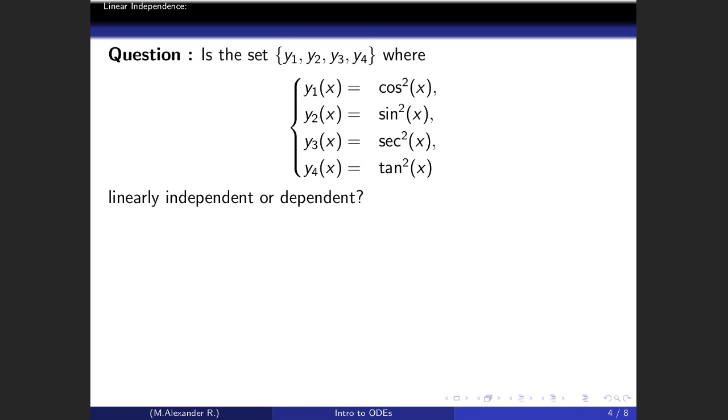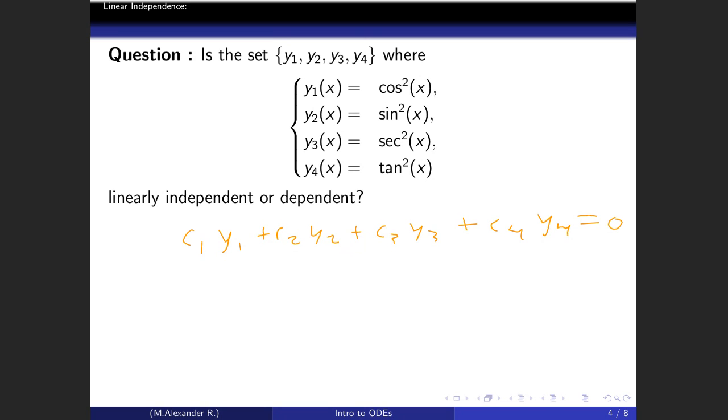The idea is this. If you were to write down c1y1 plus c2y2 plus c3y3 plus c4y4, can you choose values so that it equals 0? I'm changing the definition a little bit, which is equivalent.